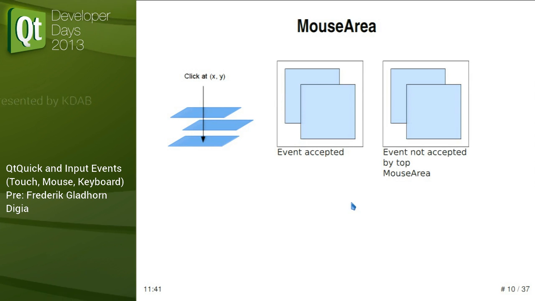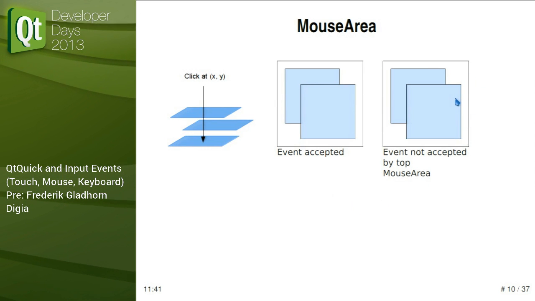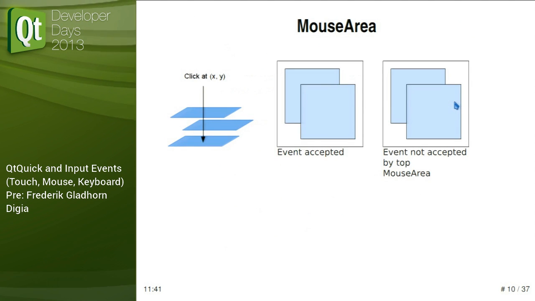Now the interesting thing is that I set the other mouse area here on the right side to not accept the event. So it actually doesn't do anything, and the mouse click actually goes through to my slide to change the slide that I did not have in mind.